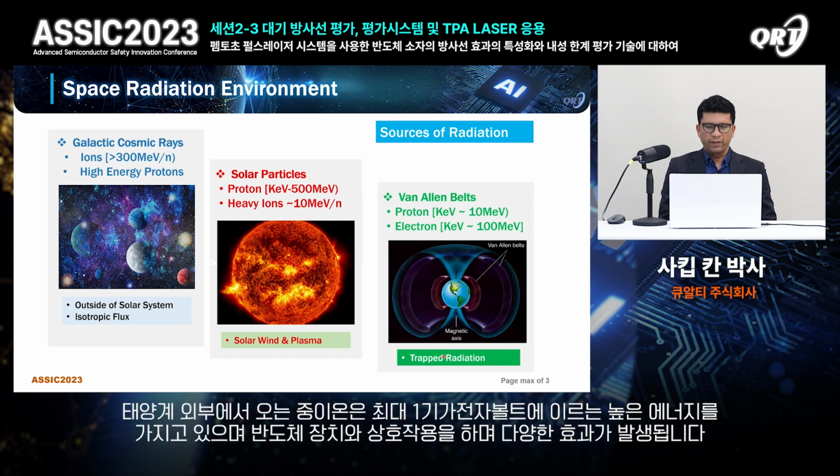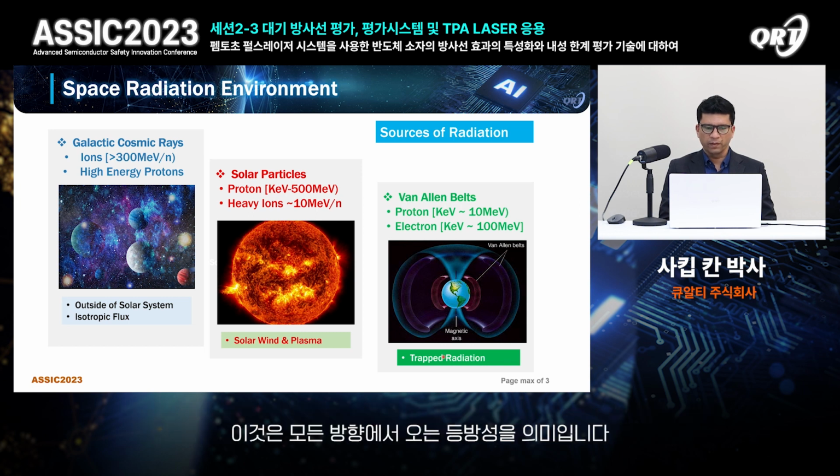Heavy ions have very, very high energy, up to 1 gigaelectron volt, and they come from outside of our solar system, and they can interact with the semiconductor devices and can have various types of effects. It is isotropic, which means they come from all directions.